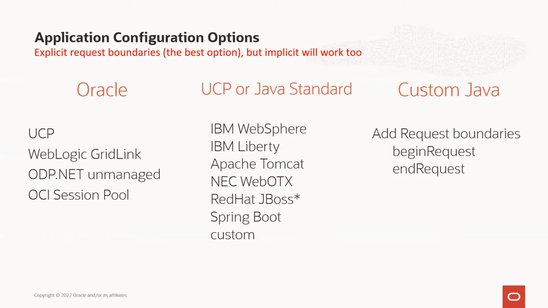Put a star beside Red Hat JBoss, because now they don't need UCP. In fact, we recommend just using their default pool because it supports explicit boundaries very well in the latest release of JBoss. Then, of course, if you want to code it yourself in your application, you can explicitly begin request and end request, obviously without pools.